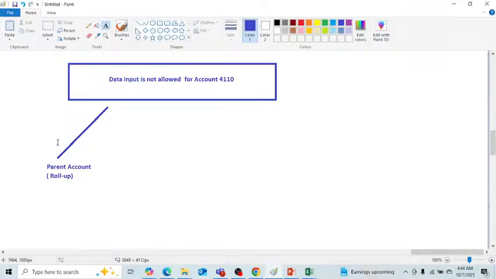The second is the calculated field. The second basis of analysis that we have is the calculated field.